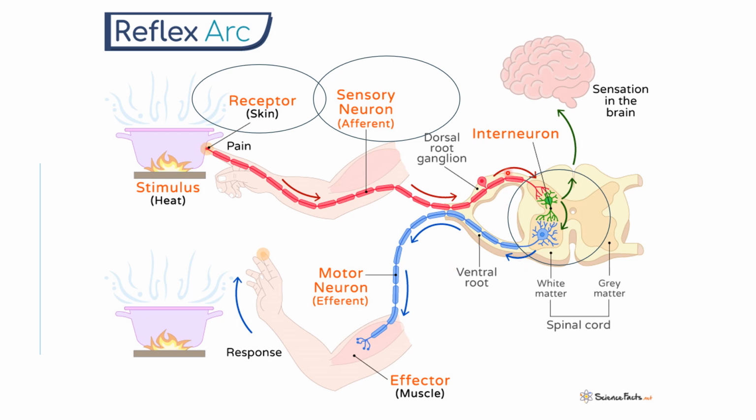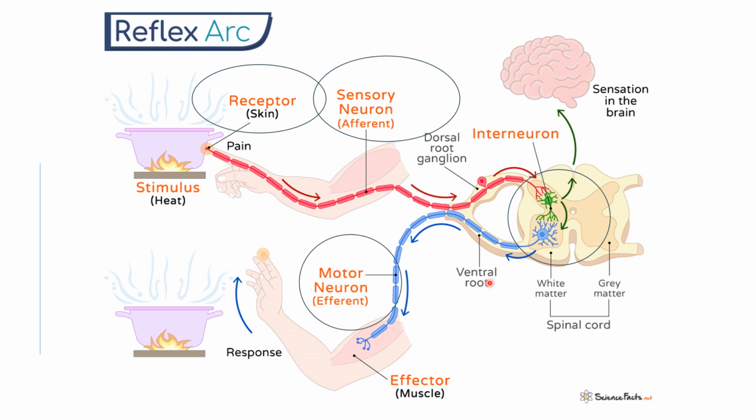Now the third component is the central nervous system or the center. This is an integrating area in the CNS formed by one or more synapses, and it connects this afferent pathway or the sensory pathway to the efferent pathway or the motor pathway.